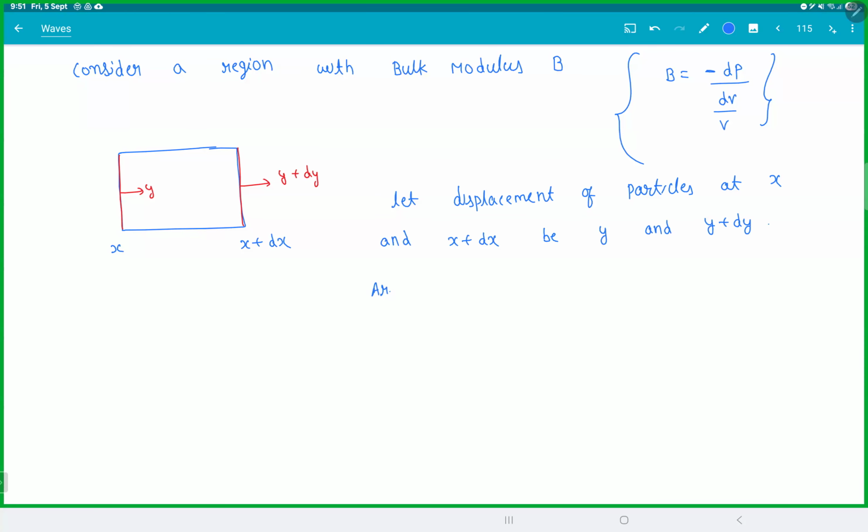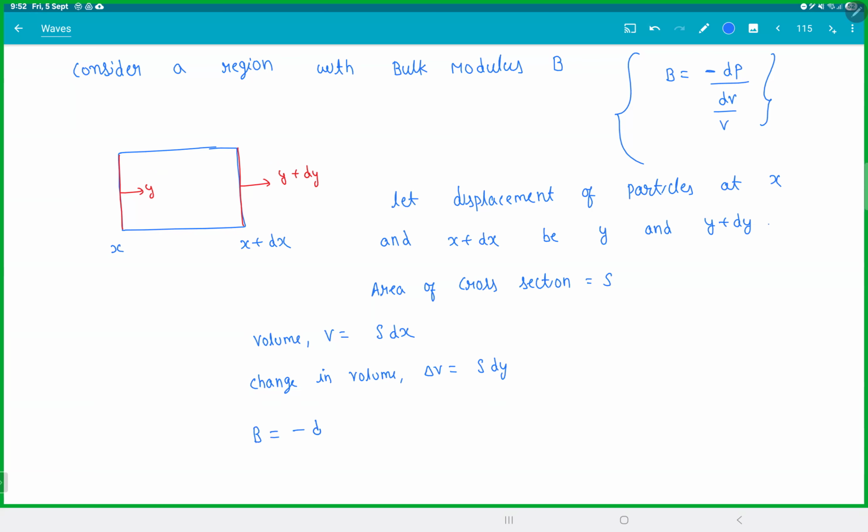And let the area of cross section be S. So here we get the change in volume. Volume V will be area into dx, because that region's length is dx. Change in volume delta V will be S into dy. Look at this. If this goes y and this also goes y, there's no change, isn't it? But if one goes y and the other goes y plus dy, then the volume is changed by dy length, so S into dy.